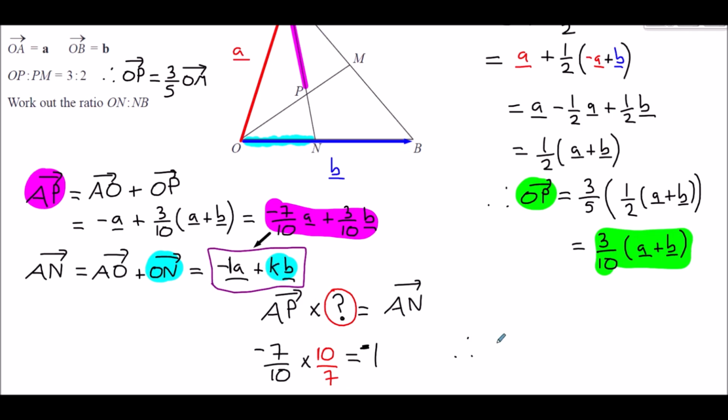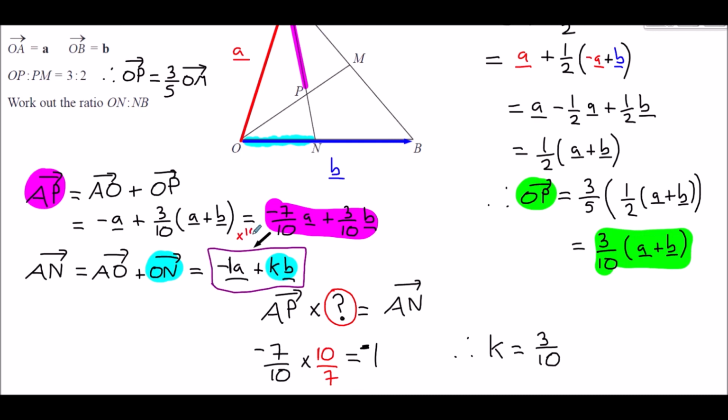Therefore, this multiple k will be 3/10 multiplied by 10 over 7, because we've established that what we've multiplied AP by must be 10/7.